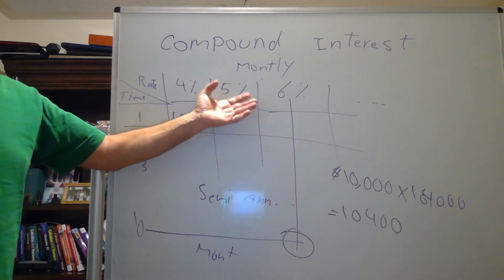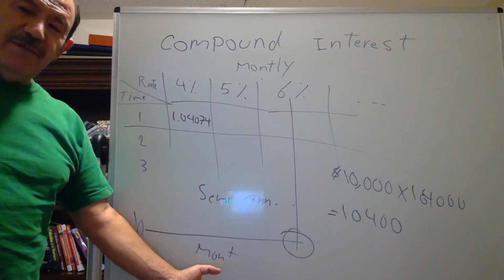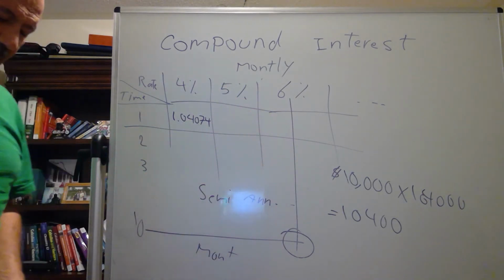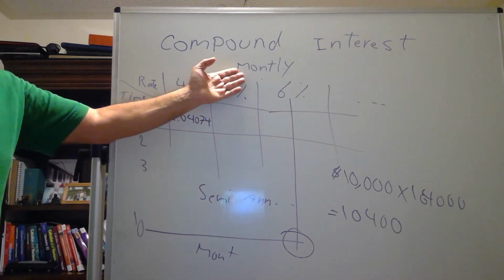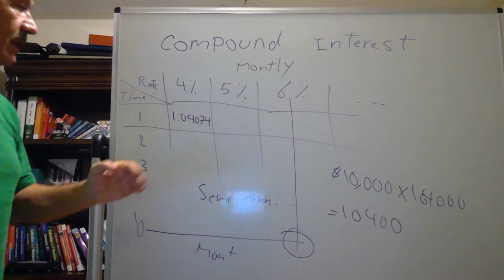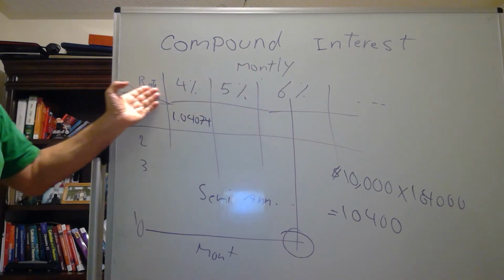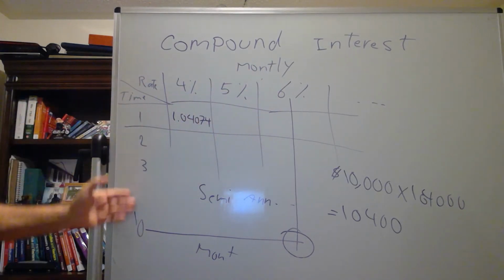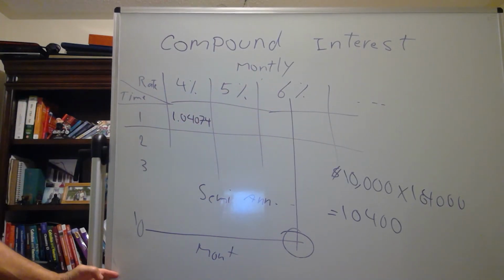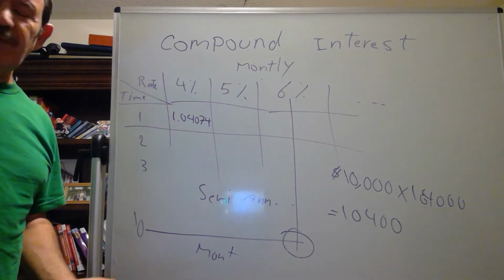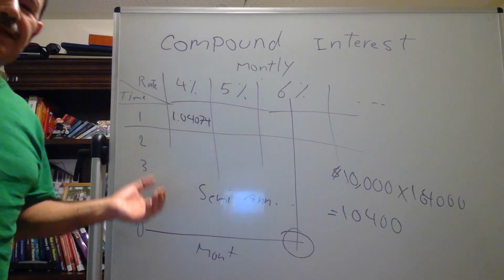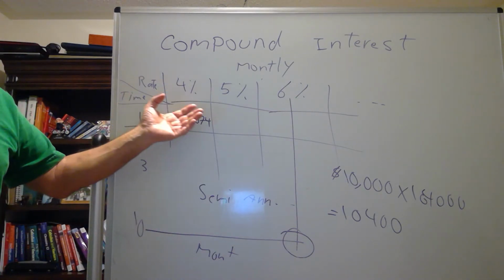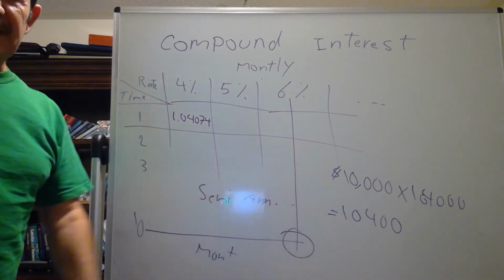Daily is every day, and for 1 year we consider 365 days. Anyway, pay attention to the title of the table, the interest rate, and the time, the year. This is one way that we can calculate the compounded interest value that we should receive.